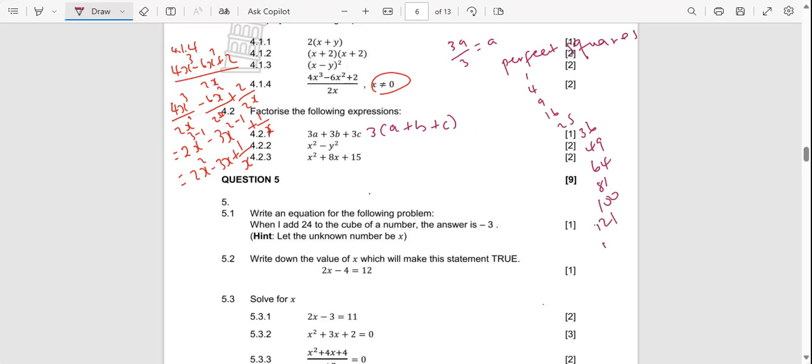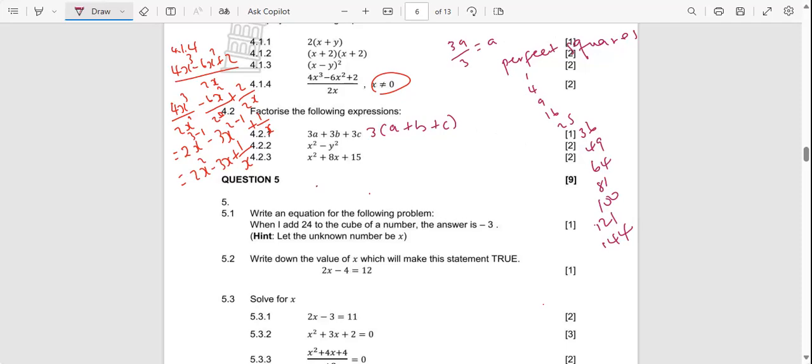When you see a variable with an exponent of an even number, negative, and a perfect square, or maybe another variable with an exponent of an even number, just know that it is a difference of two squares.